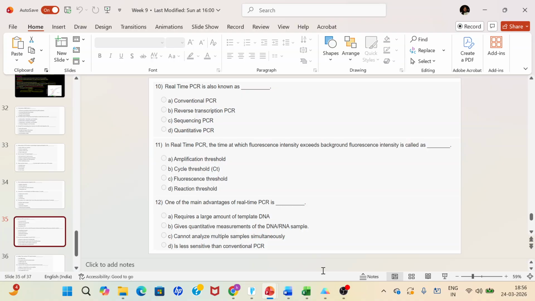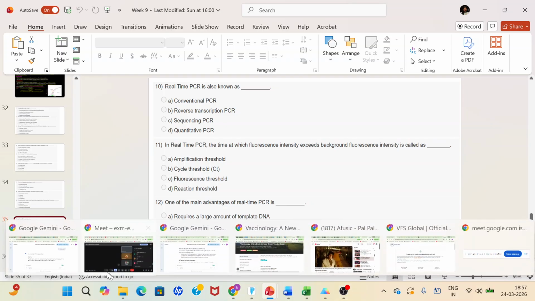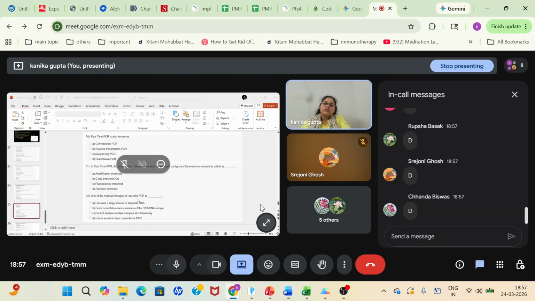Real time PCR is also known as what? We just discussed that. Yes, it is called the quantitative PCR. ठीक है? Next question.